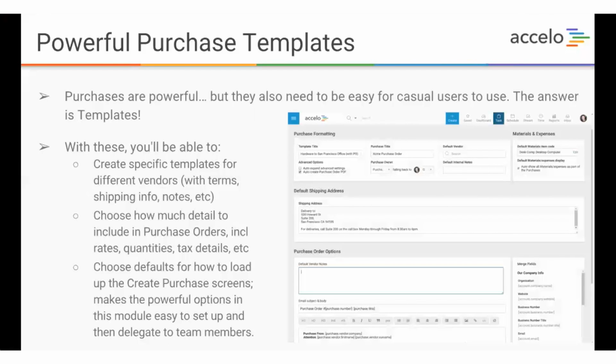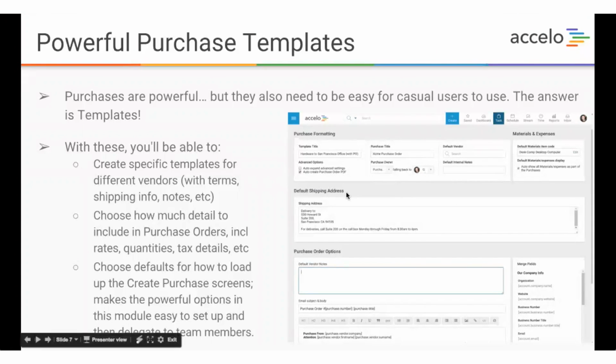To make that as easy as possible on users who maybe don't have the insight or the management overview, we wanted to allow you to create templates, preset invoice formats with defaults for things like payment terms, titles, and notes. And with the purchases module, we've taken the same approach, so we're introducing purchase templates. Because purchases are powerful, we need to make them easy for casual users to use, and that's where the templates come in.